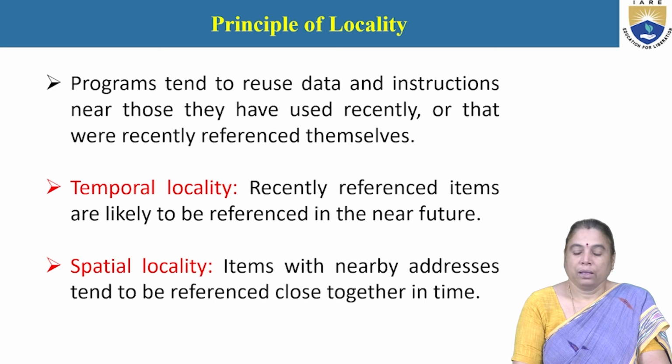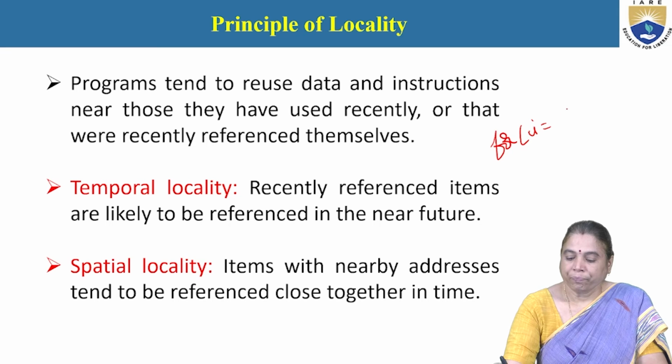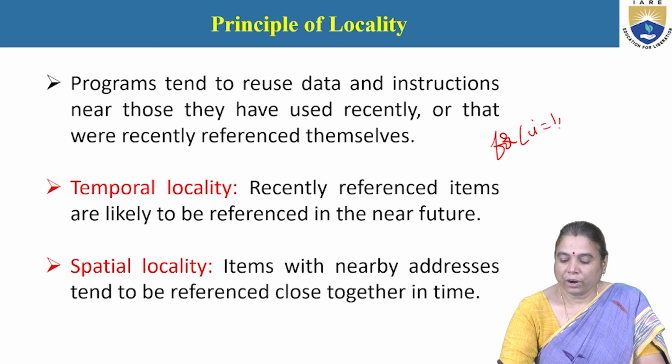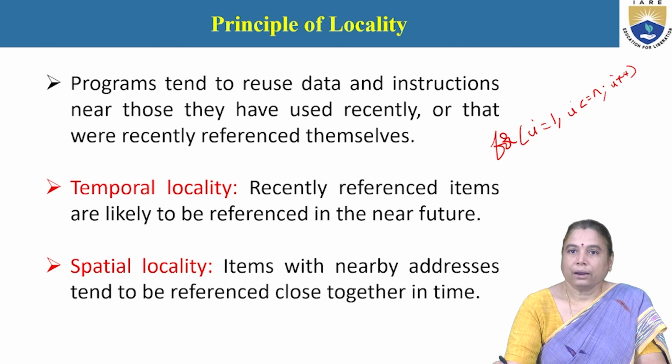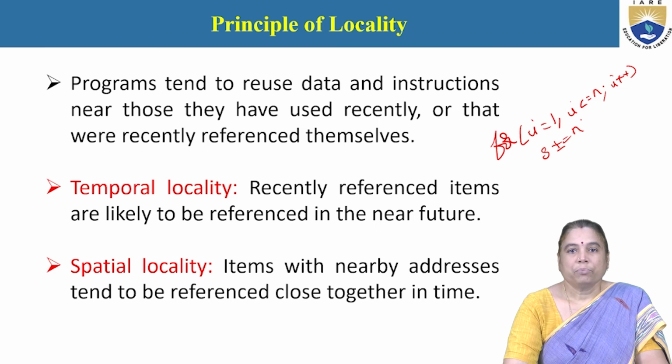For example, consider a looping structure in the program. A for loop has to run from 1 to n, and in the loop it sums the values. A variable sum is used to add to the previous sum value.